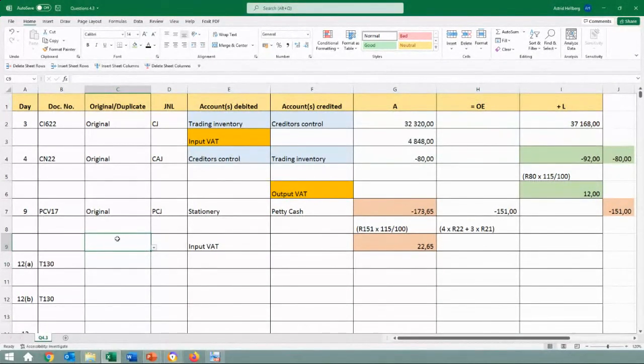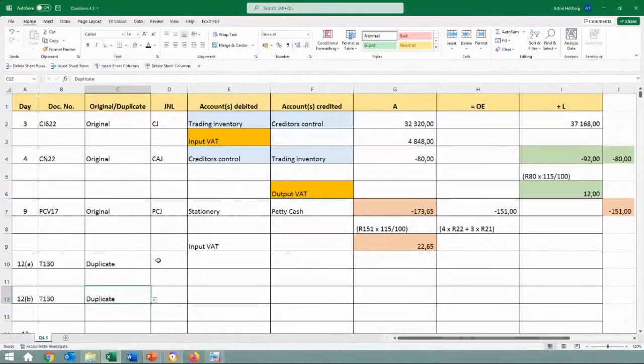So if I sell something, will I have the original or the duplicate in my business? Okay, duplicate, that's absolutely correct. So we will have a duplicate because we gave the original to the customer.